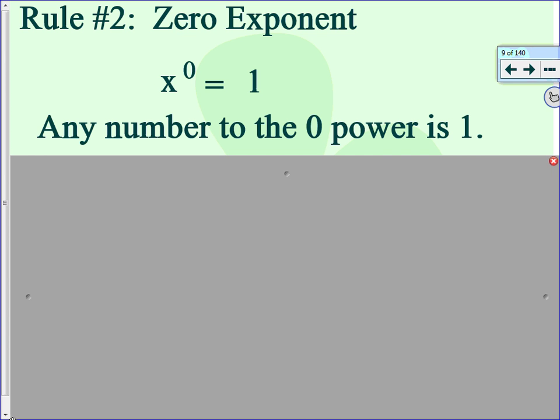We can see the pattern here forming. You divide by 3 to go down the pattern, and then if we divide by 3 again, we get 3 to the 0 is 1. So you can show that any number to the 0 power is 1. So that is called the zero exponent property.